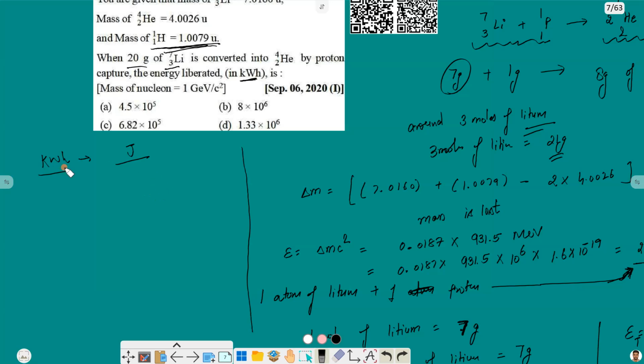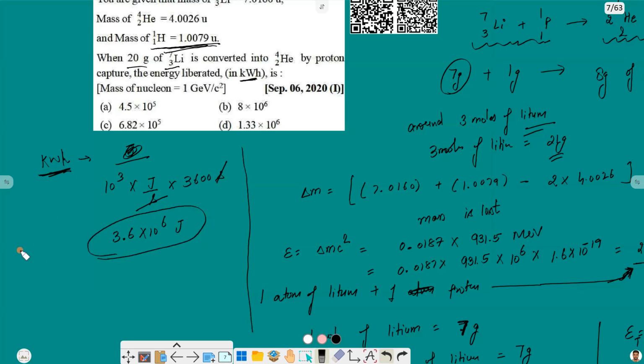So we can derive the value of kilowatt hour from this unit. Kilo denotes 10 raised to power 3. Watt is basically joule per second, and hour is 3600 seconds. So second gets cancelled, and we have the answer 3.6 into 10 raised to power 6 joules. So this is our unit.